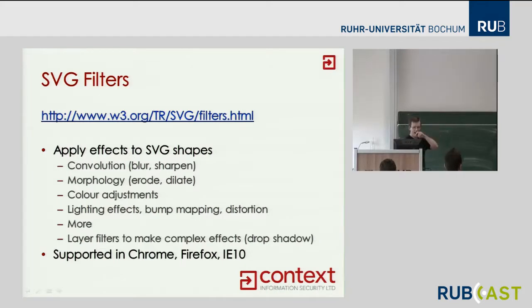The spec is in the link there, so you can see what you can do, but there's lots and lots of different things. You can apply blurs, you can sharpen images, you can adjust the color, you can do lighting effects, bump mapping, all sorts of things. And you can also combine filters together. So you can have a filter that consists of more than one element, and it will combine these things together to make more complex effects.